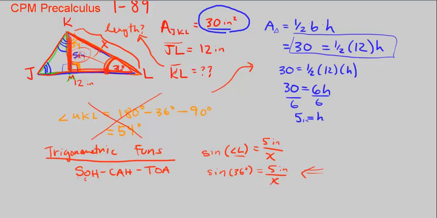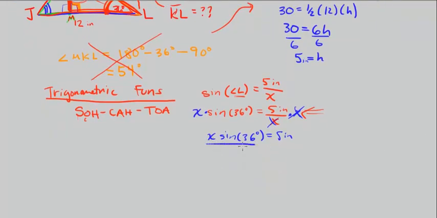So how do you solve for x? You want x in the numerator, so you multiply both sides by x. The x cancels out, and you're left with x sine of 36 degrees is equal to 5 inches.